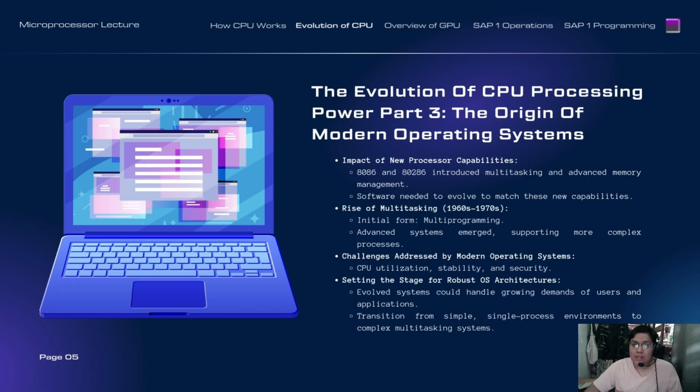This has evolved into time-sharing systems, allowing multiple processes to run seemingly simultaneously.